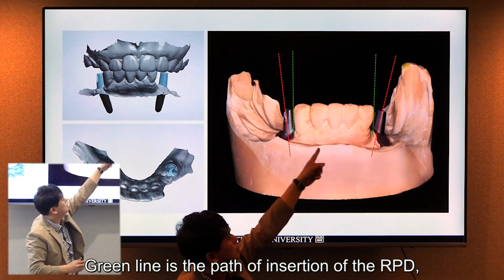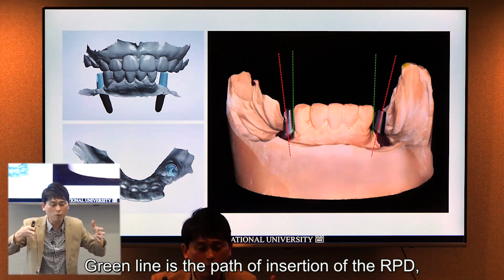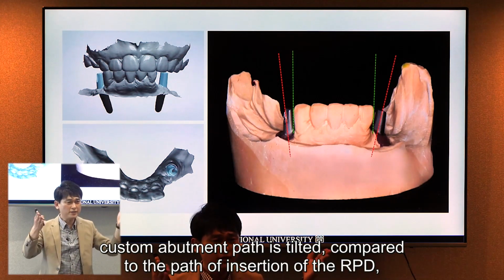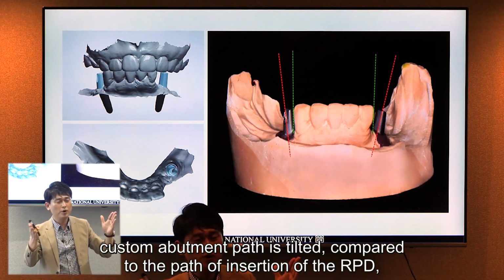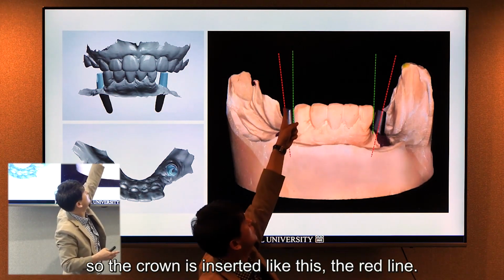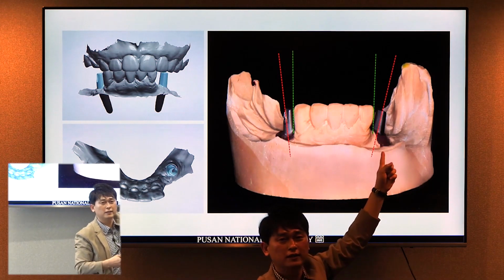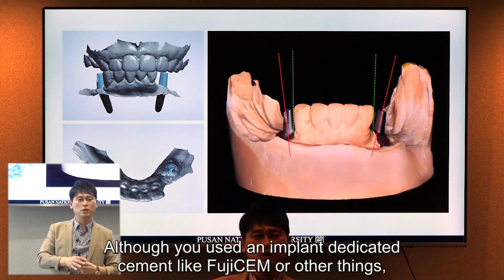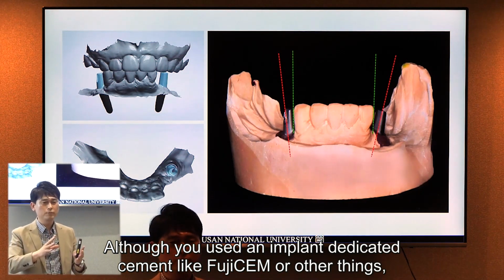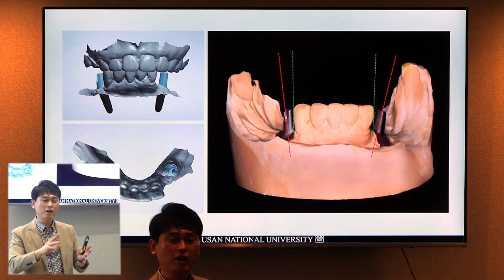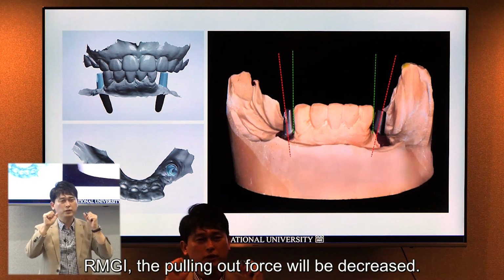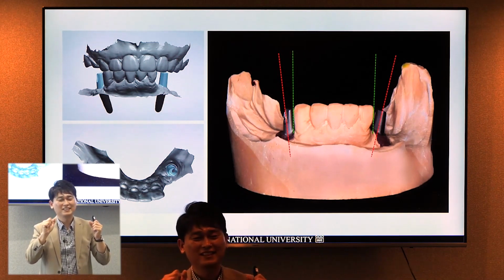So the green line is the path of insertion of the RPD. The custom abutment path is tilted compared with the path of insertion of the RPD. So the crown is inserted like this, red line. So although you use the implant dedicated cement or Fujicem or other things, RMGI, the pulling out force will be decreased. Do you understand?